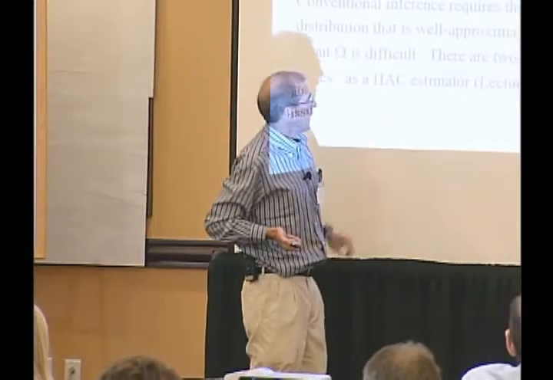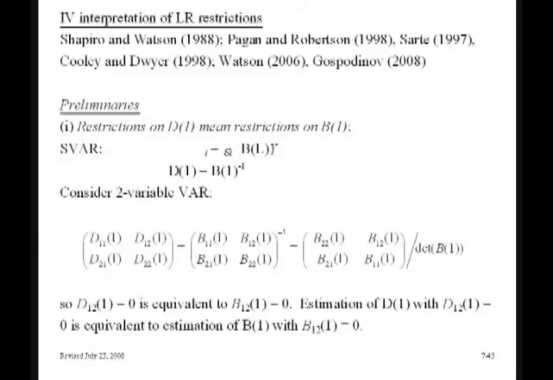I'm going to talk about it now as an IV estimator. There's some really interesting work that was published 10 years ago, which must not have been very well understood. At least I didn't appreciate it at the time, and it hasn't received many cites until recently. But I'm going to go through it because I think it's very insightful. This is a paper by Pagan and Robertson.